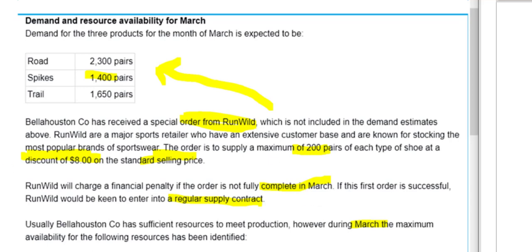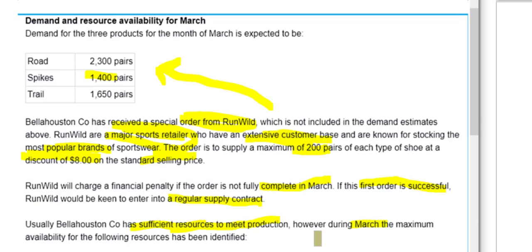So remember, if you read here, it says they've got a special order from Runwell, which is not included in the demand estimates. They're a major sports retailer who has an extensive customer base and is known for stocking the most popular brands. And also it says here, if the first order is successful, Runwell would be keen to enter into a regular supply contract. You must use that. Also it says, it usually says they have sufficient resources to meet production.